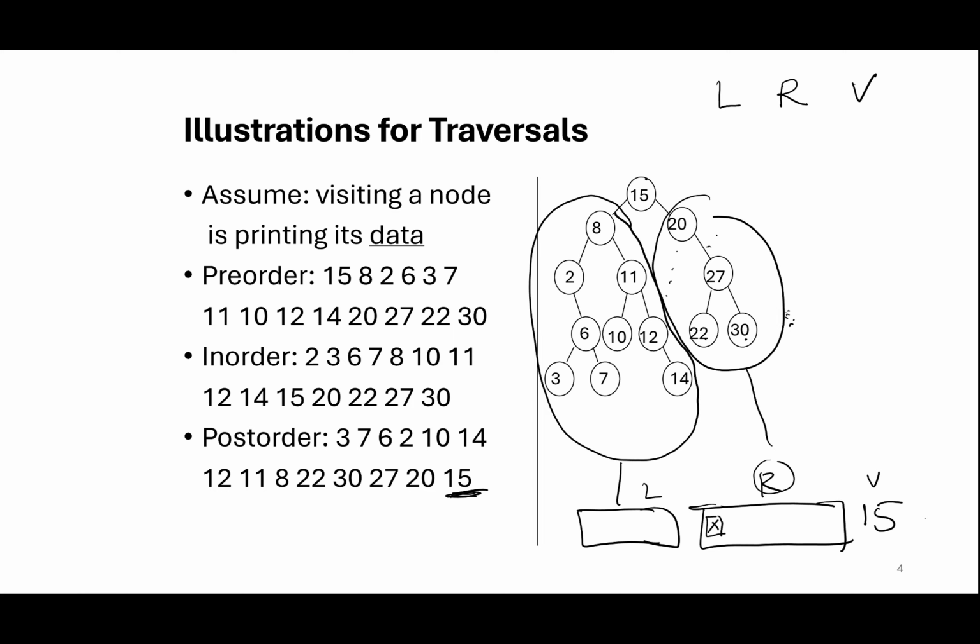And finally, I have to visit the root of this right subtree, that is 20. Now I am focusing on this part, the right. Here left is 22, right is 30, and then I visit the root 27. So you see, the final ones are 22, 30, 27, 20, 15, right?